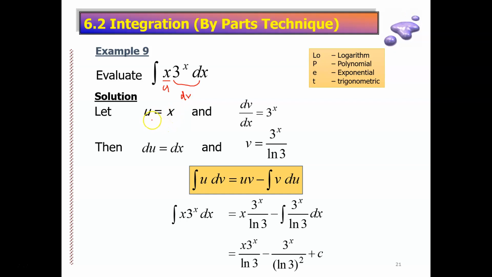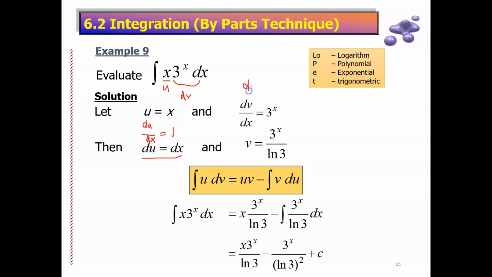So again, you differentiate u with respect to x. You get 1 only kan. Kita buat macam ni, du over dx equal to 1. You dapat 1 sahaja. That's why dia bawa pindah ke sebelah, jadilah yang ini. And then dv adalah 3^x dx.